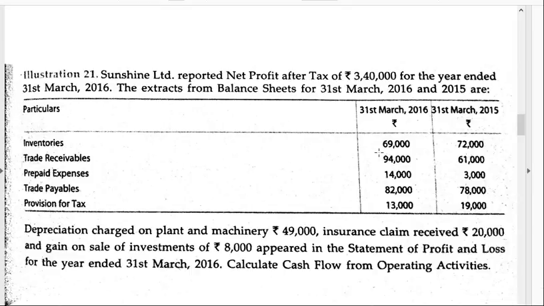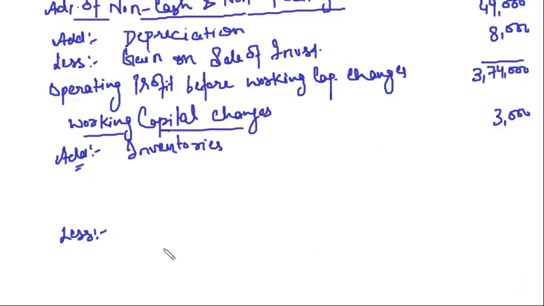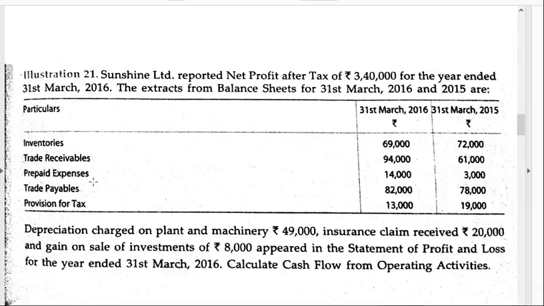This is 33,000. So it will be subtracted. So I can say less trade receivables. How much? 33,000. Clear?